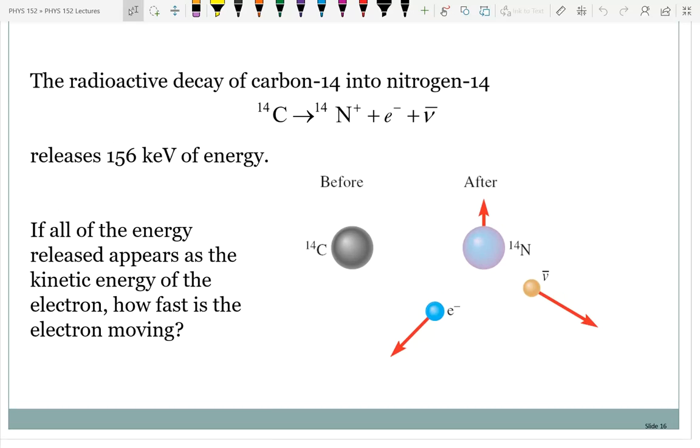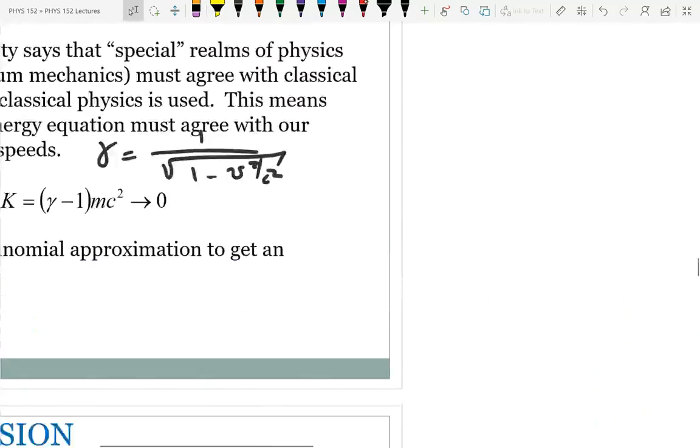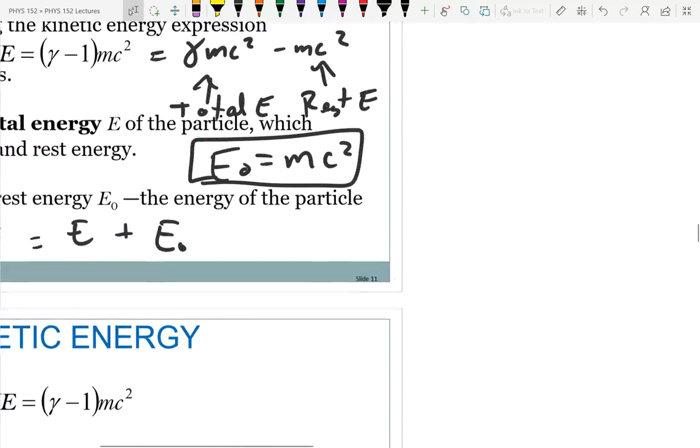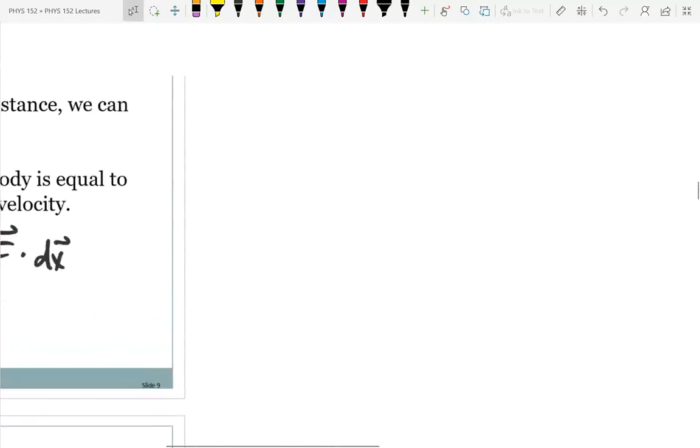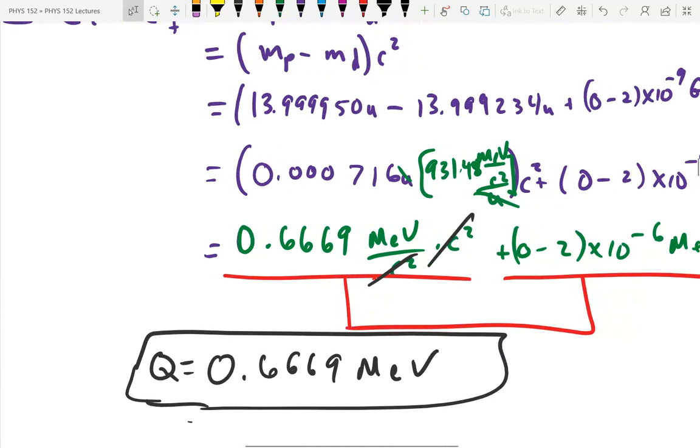Now we're going to come back to the radioactive decay of carbon-14 to nitrogen-14. And here I said it releases 156 kiloelectron volts of energy. It's not what I calculated before. I don't think I made a mistake, but I must have. Right, because I had 0.669. Didn't I? Where is it? Could I have done that subtraction wrong? I don't think so.